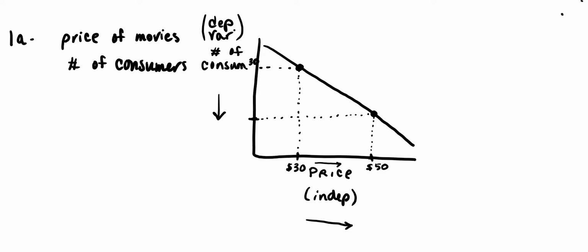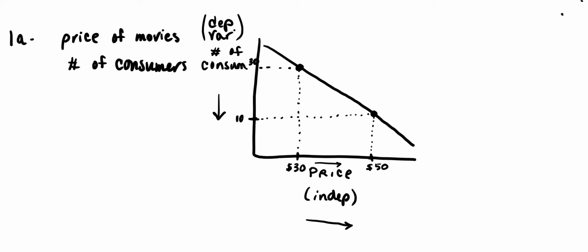I can make up a number here, but the important part is that it's definitely lower than 30. So maybe we have 10 consumers. So that's the nature of what it means to have a negative slope, or a downward sloping line from left to right, and that matches panel A.